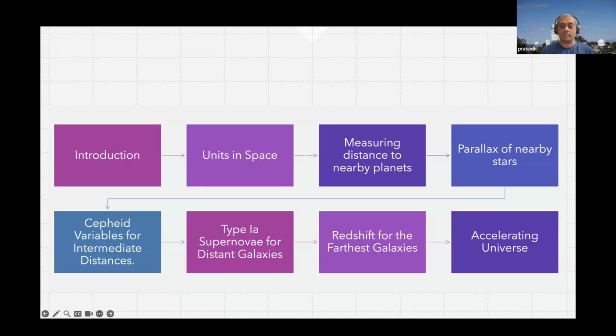And when you go for further distances, like billions of light years away, the methods that we use to measure distances will be even more different. We are going to use something called type 1a supernova, and for even further distances we are going to use something called redshift distance, right?